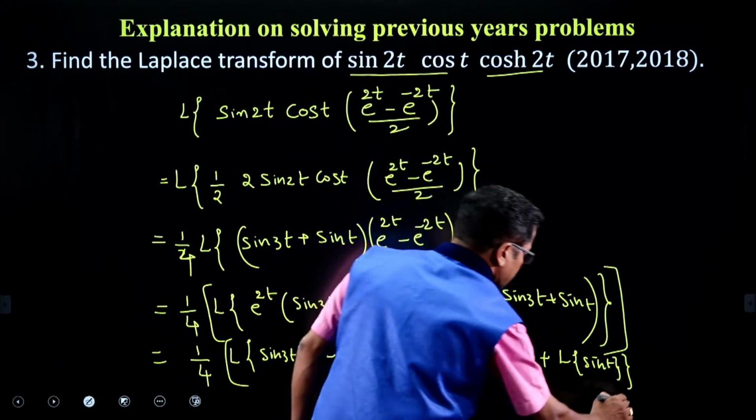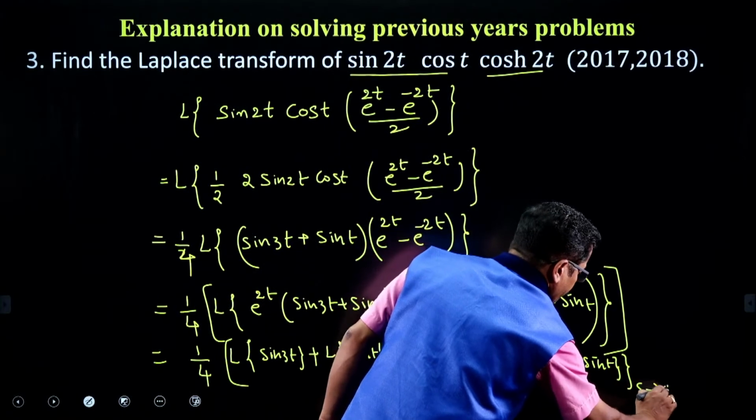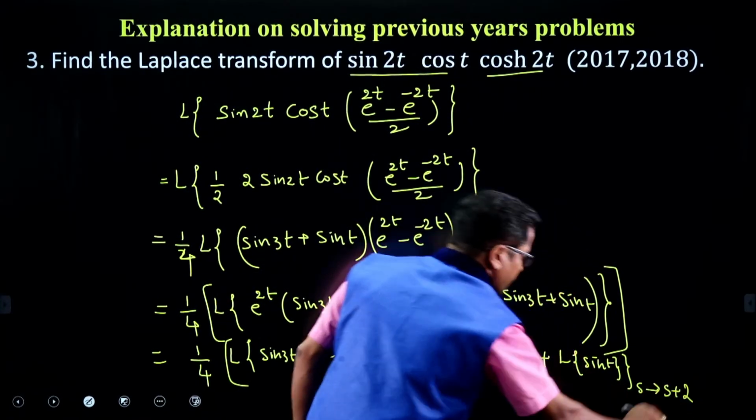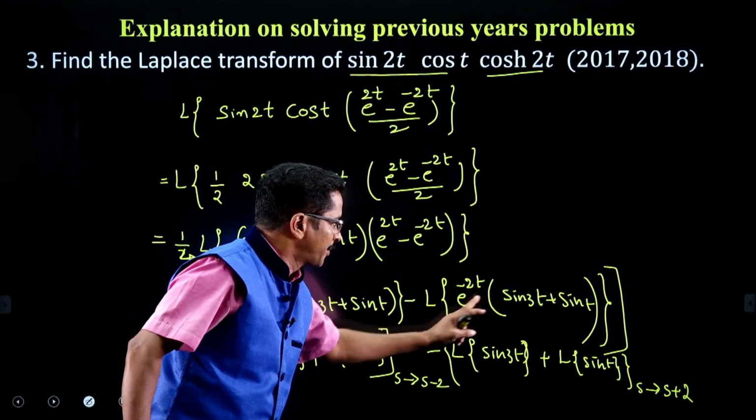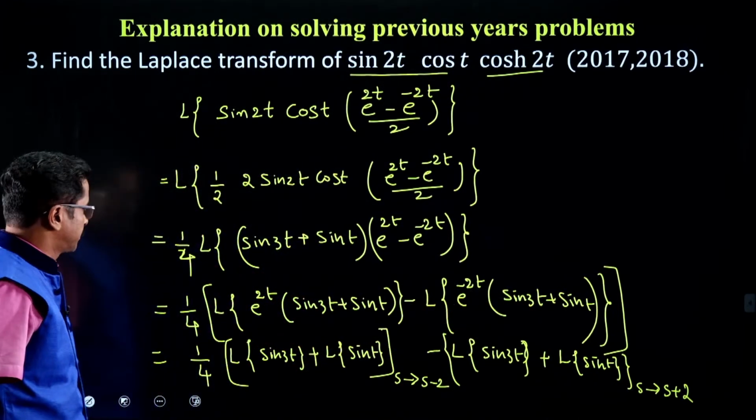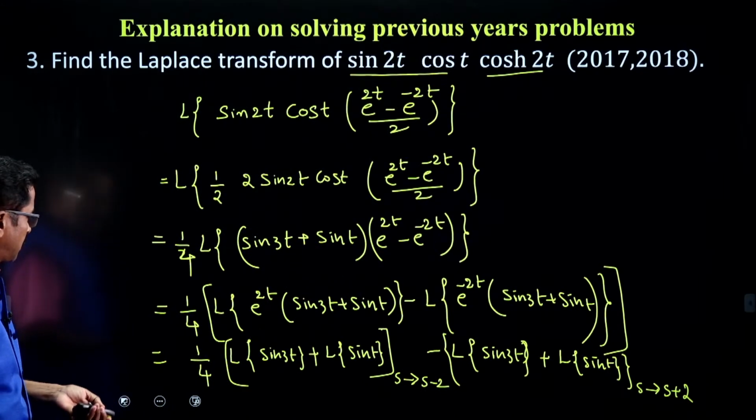Here S is shifted to S plus 2, as this is a combination with e power minus 2t. Right.